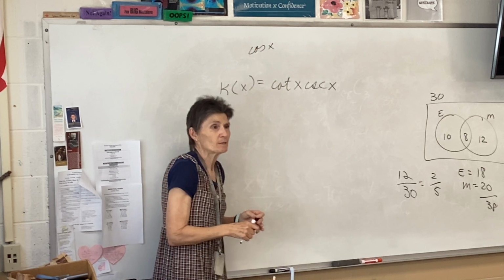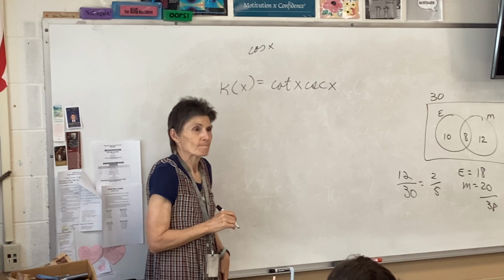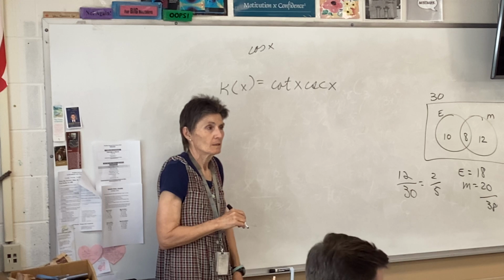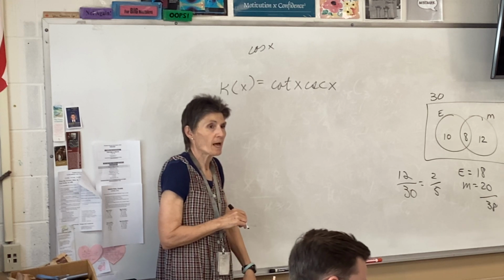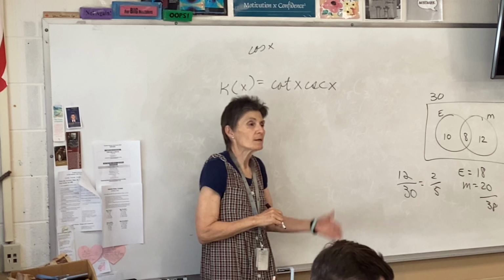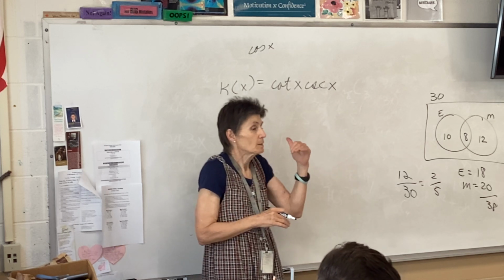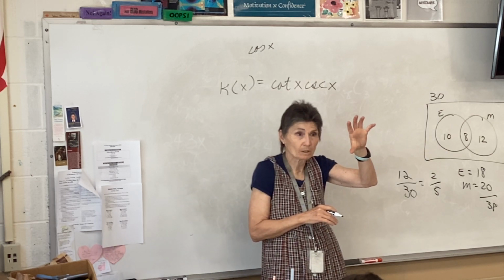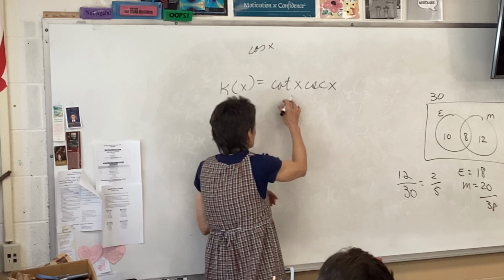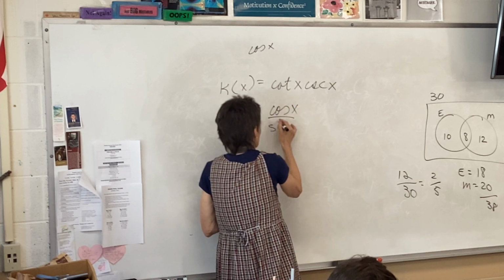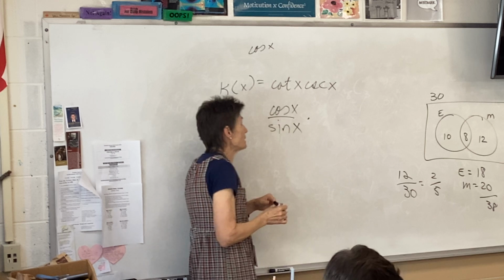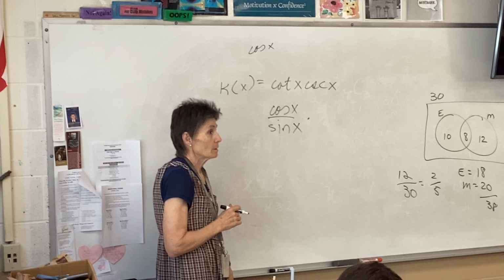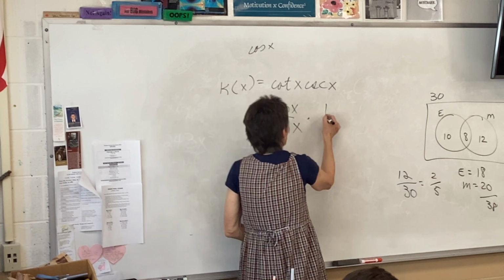Okay. All right, what's cotangent? Cosine over sine. Now, there's lots of ways to think about cotangent. It's 1 over the tangent, x over y, but remember, x on the unit circle is cosine. So this is cosine over sine. What is cosecant? 1 over sine.